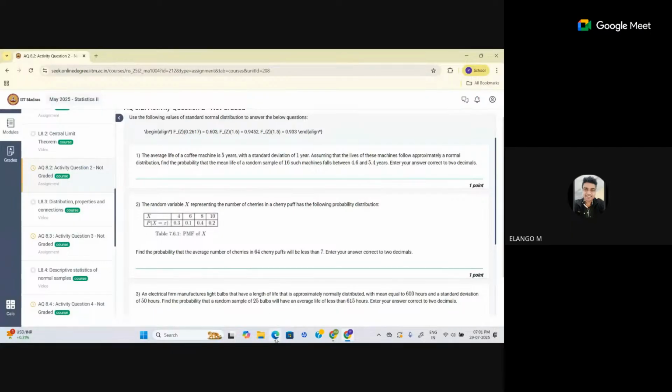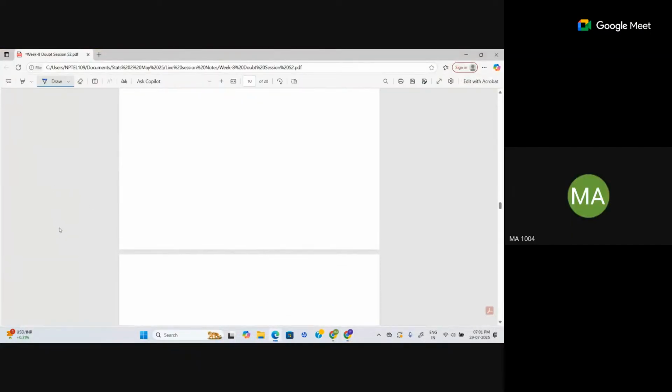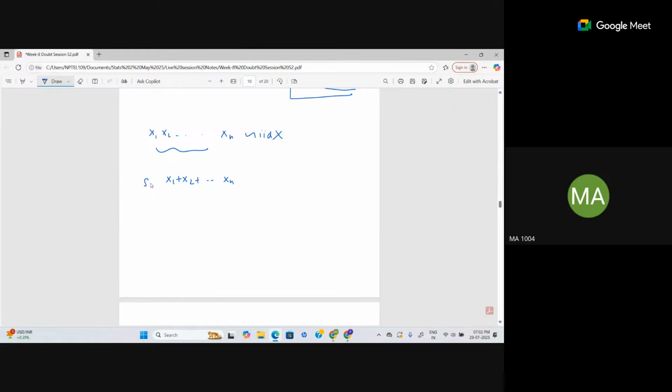So you have some variables x1, x2. These are IID variables, and they might follow any distribution. Then you take a large sample from this population and look at the sum of these variables, or the sample mean.